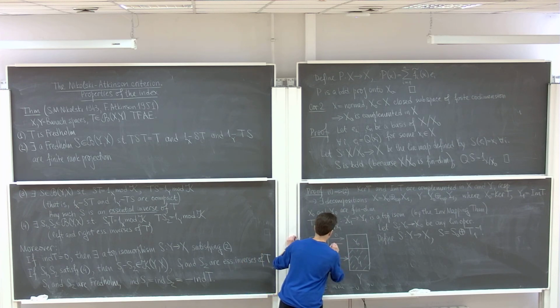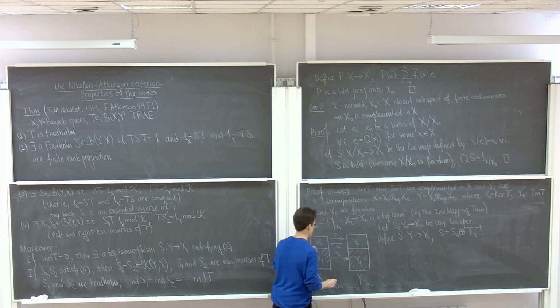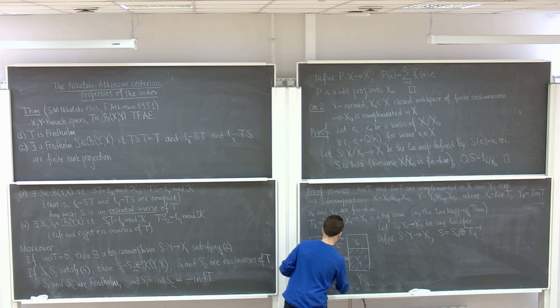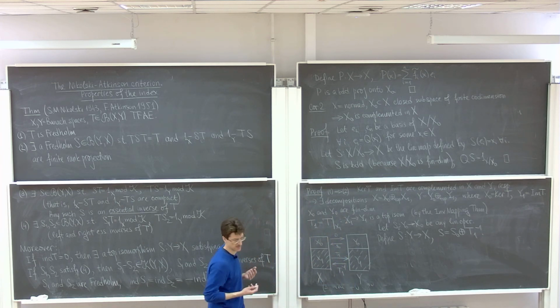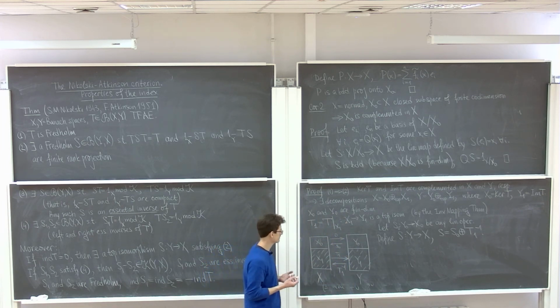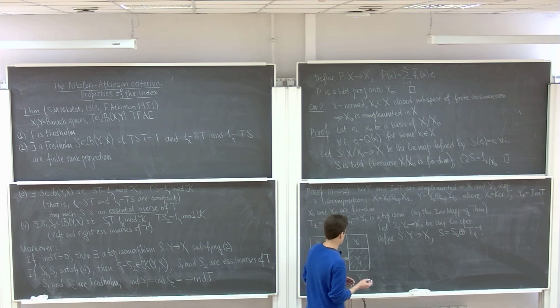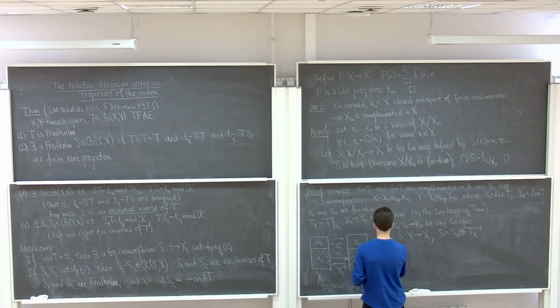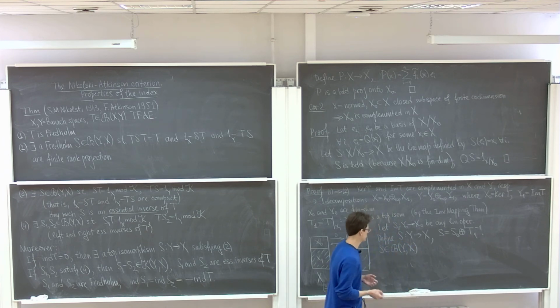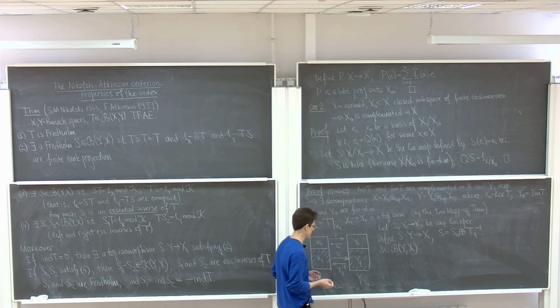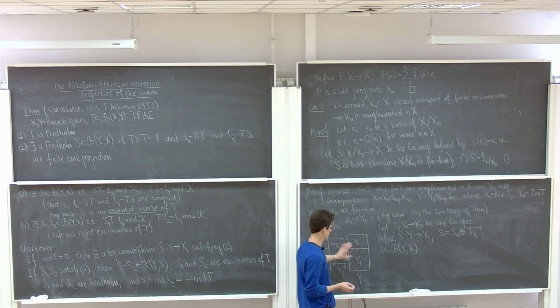And so this is the picture. S0 is any operator from here to here. And we have T1 inverse here. So this picture shows how S acts. So clearly S is a bounded linear operator from y to x because the restrictions of S to these two topological direct sums are bounded.